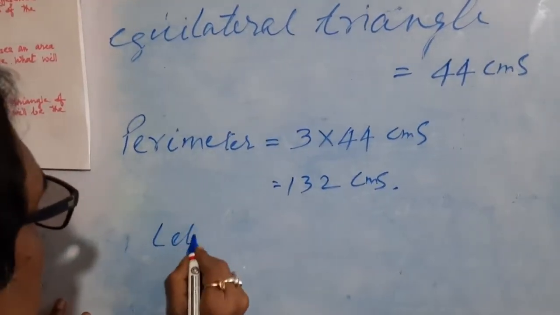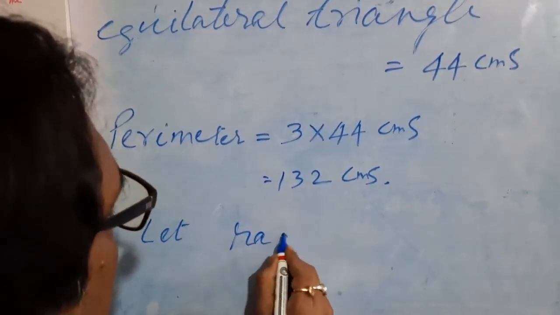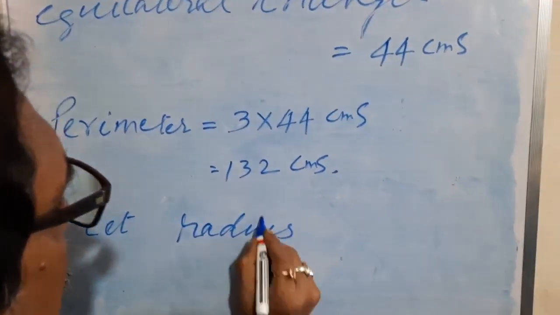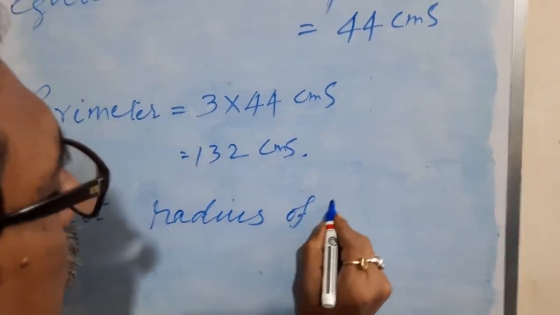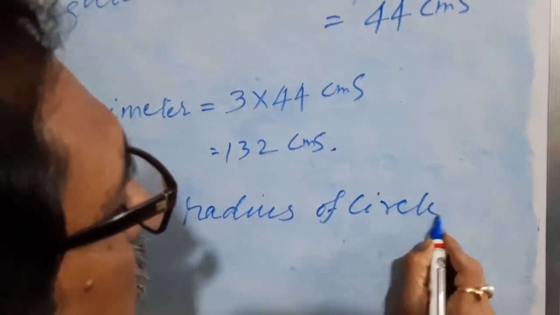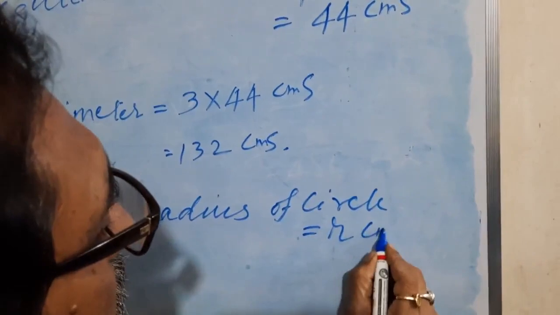Let us suppose that the radius of the circle is equal to r centimeters.